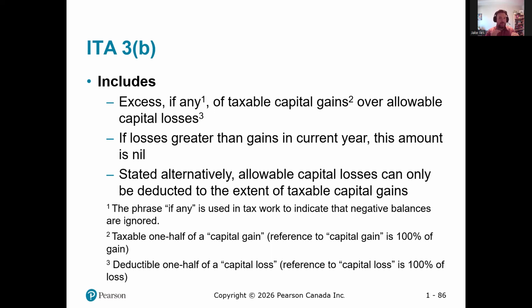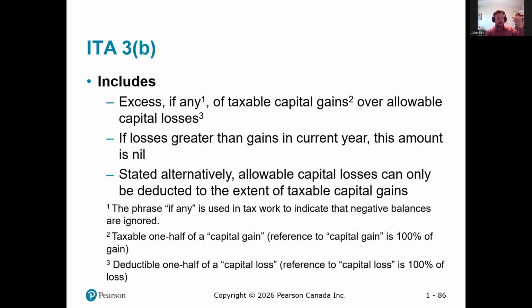Those net capital losses, that additional negative amount, will be held onto and applied against a future year that does have capital gains. Stated alternatively, allowable capital losses can only be deducted to the extent that we have taxable capital gains. So if I have 10,000 of taxable capital gains and 5,000 of allowable capital losses, 10 minus 5, $5,000 of taxable capital gains will be added to my return.